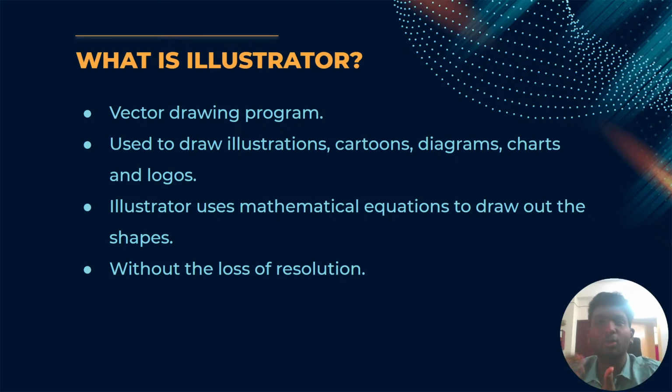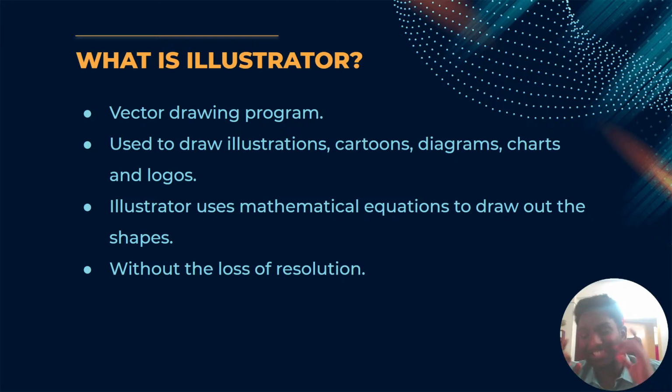You can use it for more, like product designing and marketing as well. And unlike bitmap images that store information in a grid of dots, which is used for Photoshop, Illustrator uses mathematical equations, which are vectors.